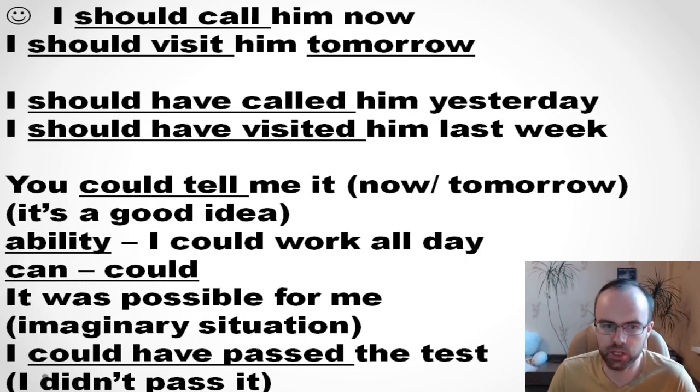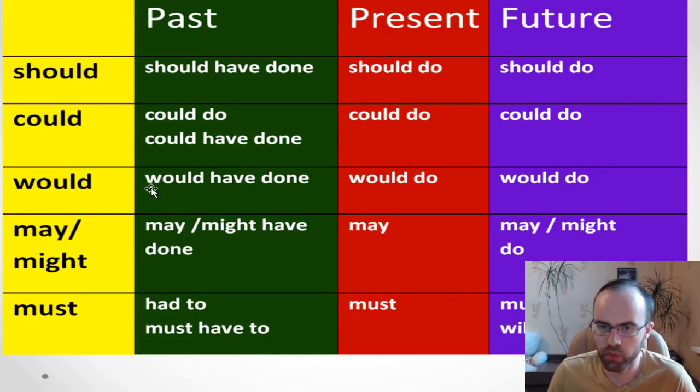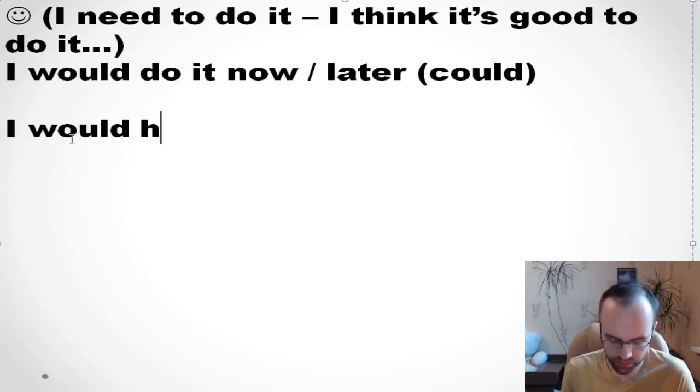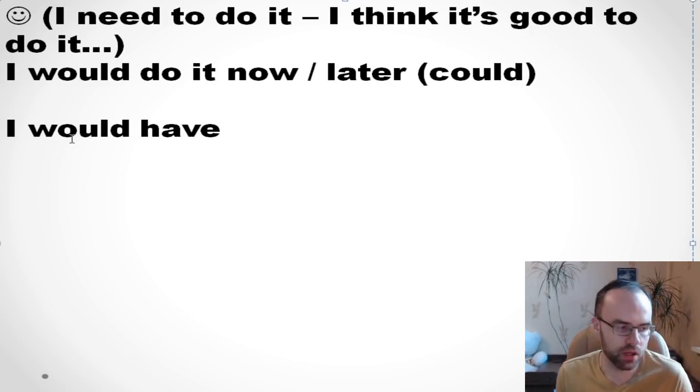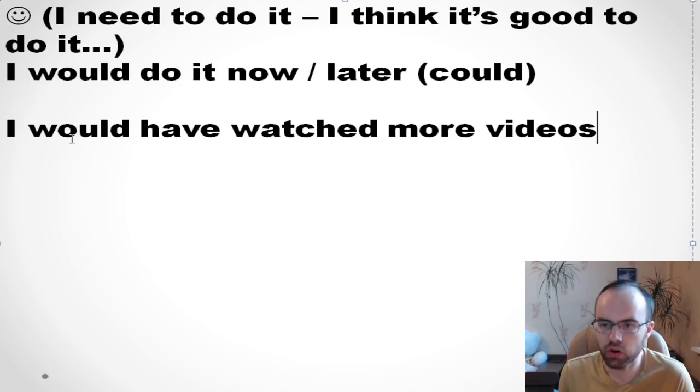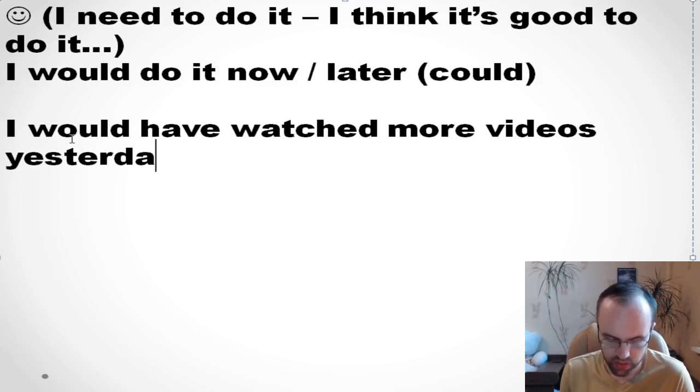So if it's about the past, we need to say would have done. Would have done. For example, if I were you, I could say I would have watched more videos yesterday.